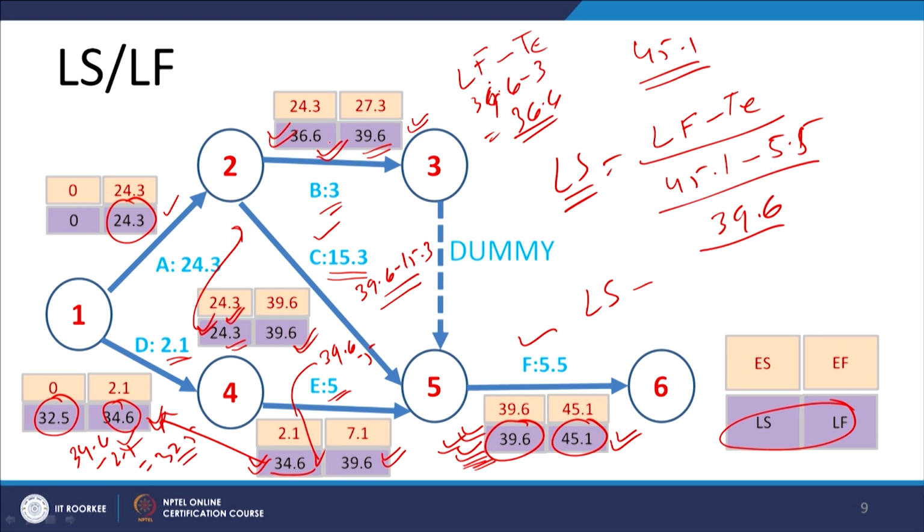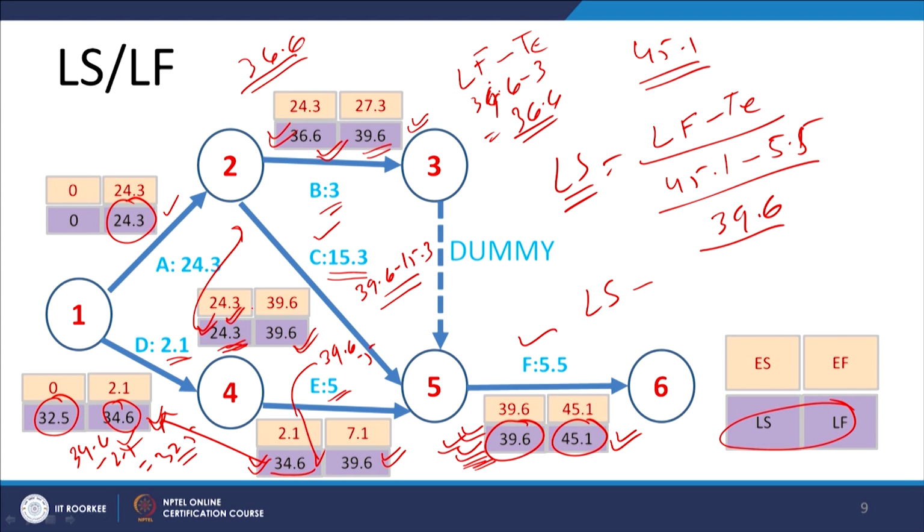On the other hand, for activity B, 36.6 is the latest start time, and if this becomes the latest finish time, then activity C will be delayed. That is why we will not consider the latest start time for activity B, but we will consider the latest start of activity C, which is 24.3.